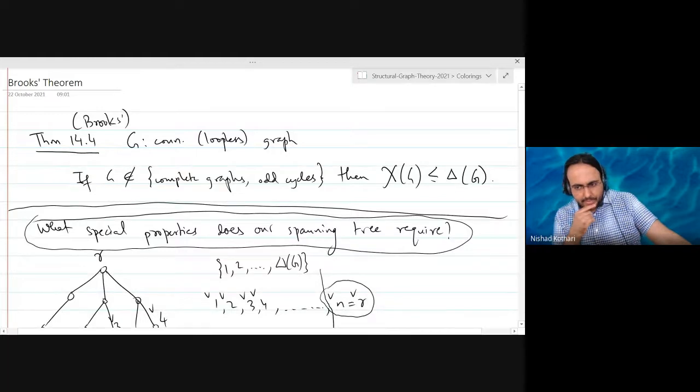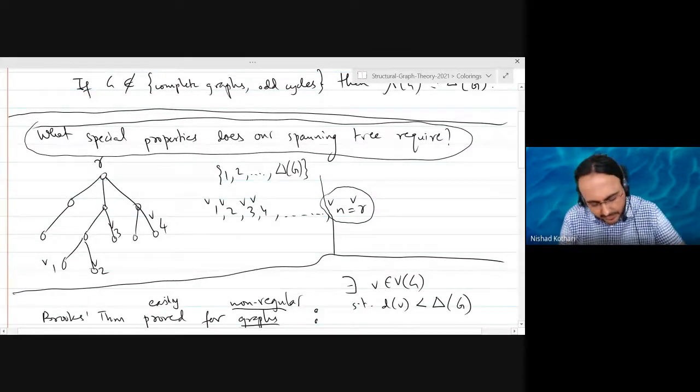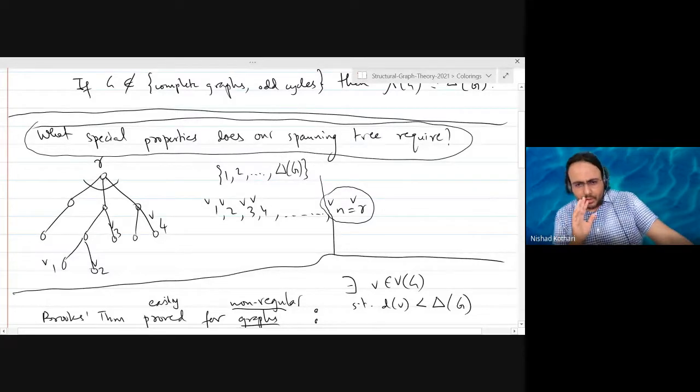Can anybody think of some special properties of the spanning tree that would help us? What we want to do is, when we get to the root vertex, make sure that all the delta colors are not used by its neighbors.